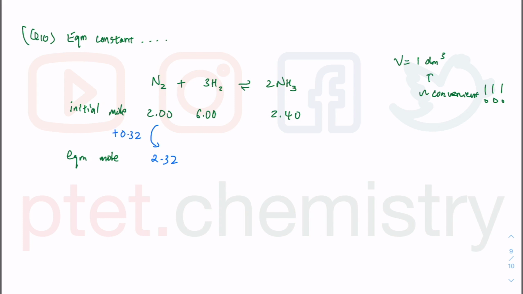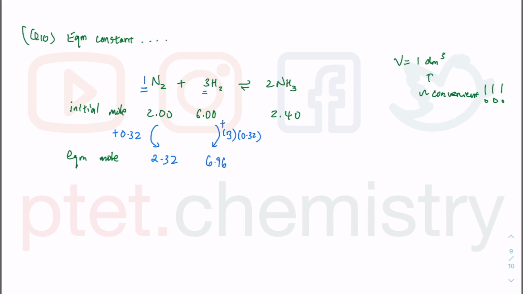When you look at the mole ratio, for every 1 mole of N2 formed, you also form 3 mole of H2. So you're going to add in that much. So 6 plus 3 times 0.32, I get 6.96.